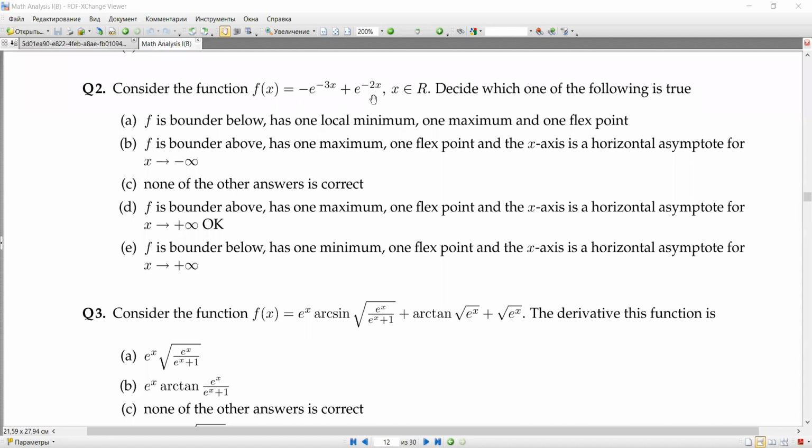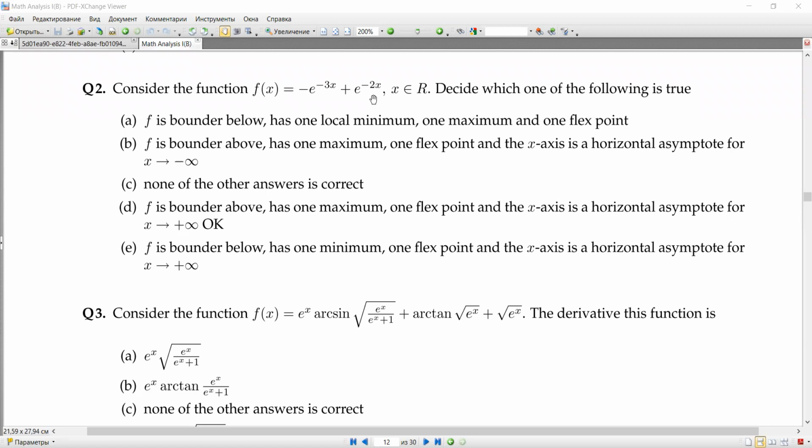so sorry, are there more comments? Let me read these comments, just a second. So it has an asymptote at plus infinity because it tends to 0 at plus infinity. Then horizontal asymptote 0.